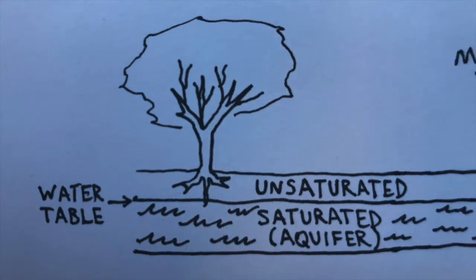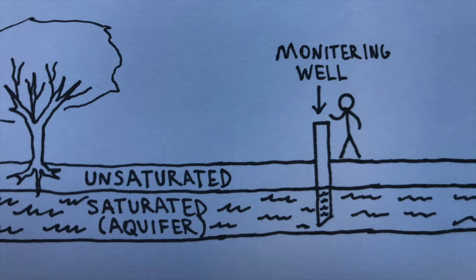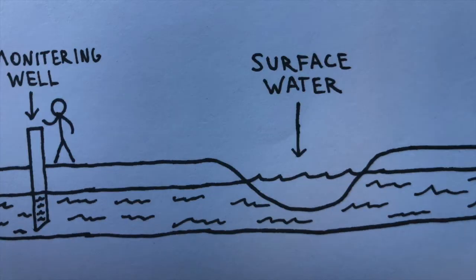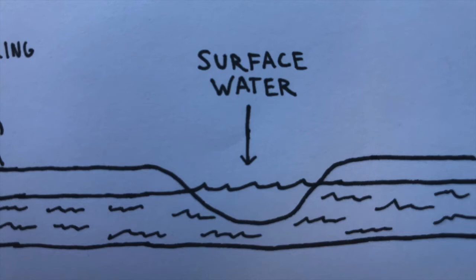As we pan along here, you'll also see our groundwater monitoring well, kind of like the ones we were looking at at Newark Road Prairie. This is how hydrologists find where the water table is, because it changes as water evaporates and is added by rain. As we pan along further, you'll also see that surface water, such as lakes, rivers, and streams, are just exposures of groundwater.